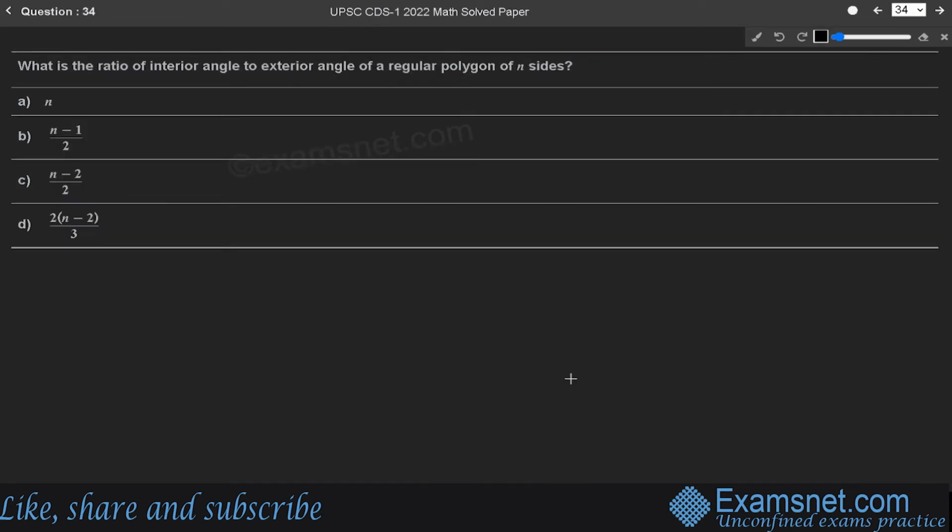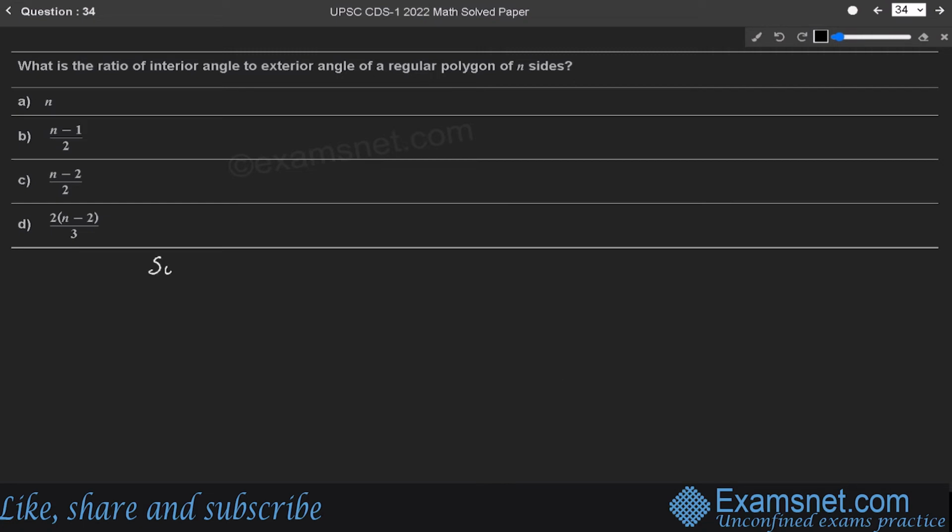The next question is: what is the ratio of interior angle to exterior angle of a regular polygon of n sides? Since the question is about a polygon, let us see the basic formulas used for polygons.